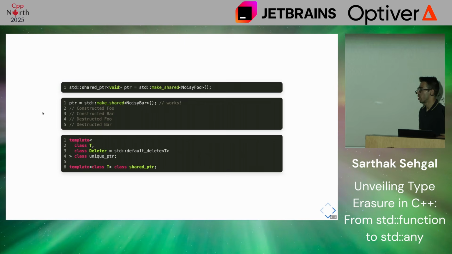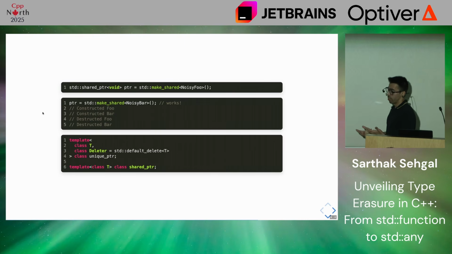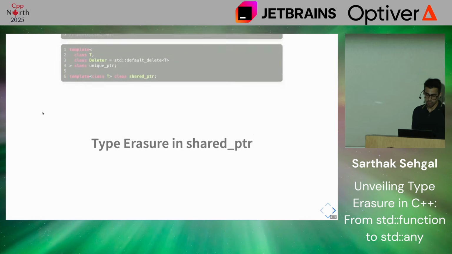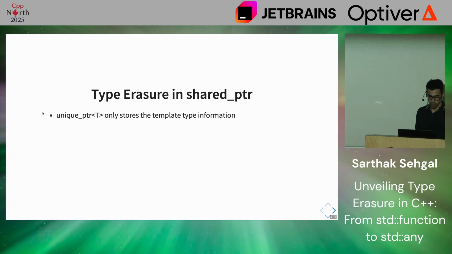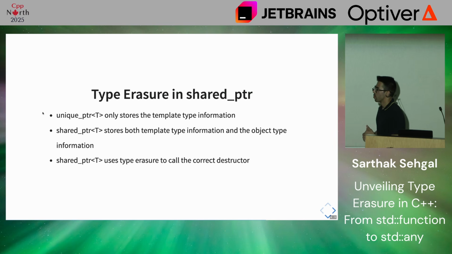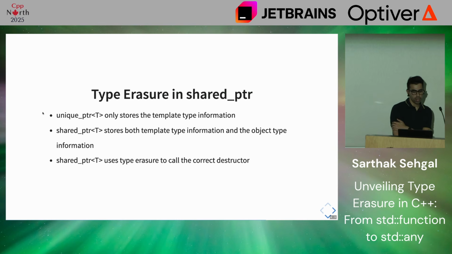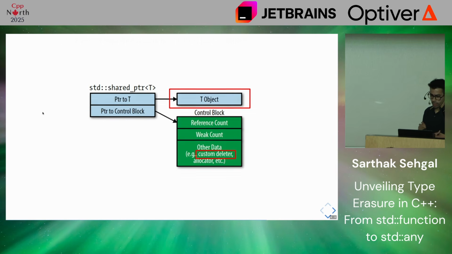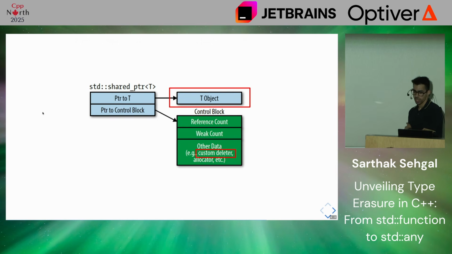And this is because shared pointer does type erasure internally. Unique pointer only stores the template type information. Shared pointer stores both the template type information and the object type information, and uses type erasure to call the correct destructor. So I'll quickly go over that, without getting into much detail.